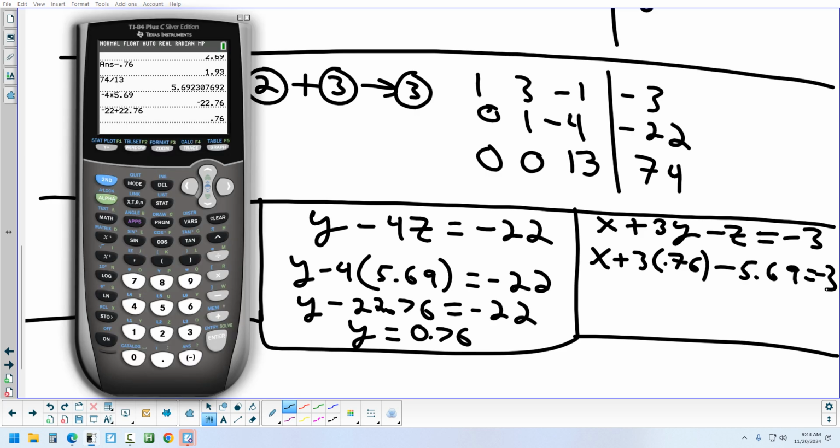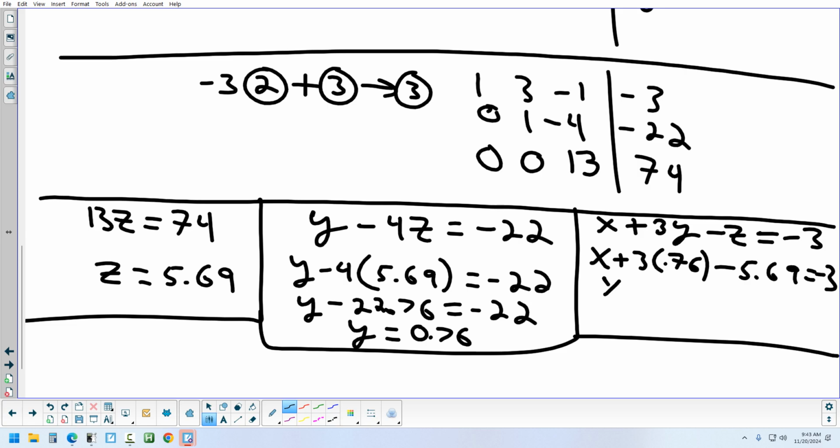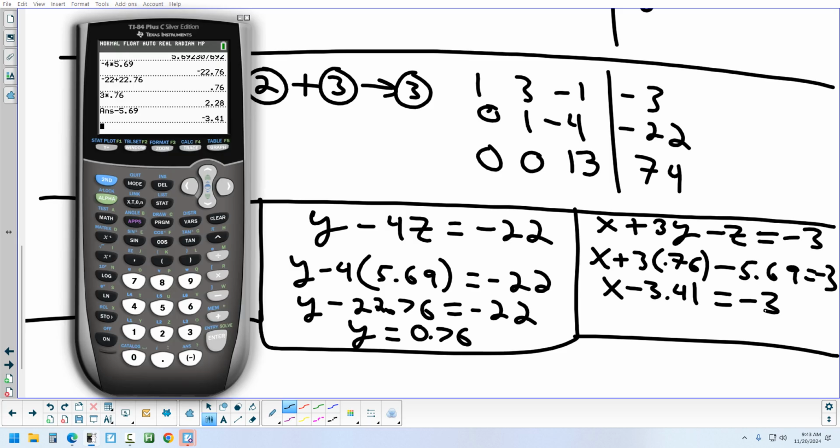All right, so let's do 3 times 0.76. That gives me 2.28, and then subtract 5.69. That gives me negative 3.41. So x minus 3.41 equals negative 3. And my last step? Add 3.41 on both sides. Yep. So negative 3 plus 3.41. Oh yeah, it's just 0.41.